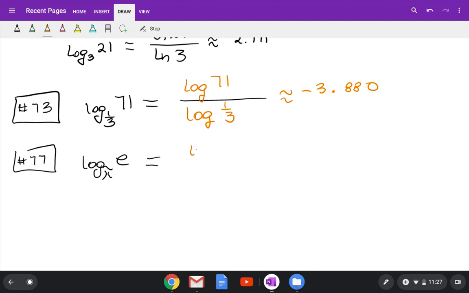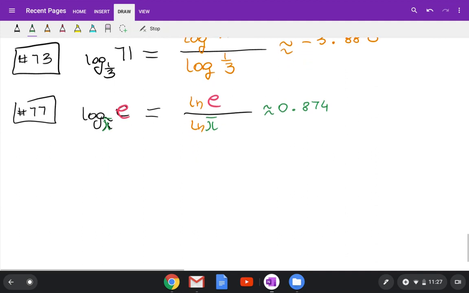So this is the same as ln of my original expression over ln of the old base, which is pi. And on a calculator, you just type ln of e divided by ln of pi. And your answer should be 0.874. Okay, so that's how you use the change of base formula.